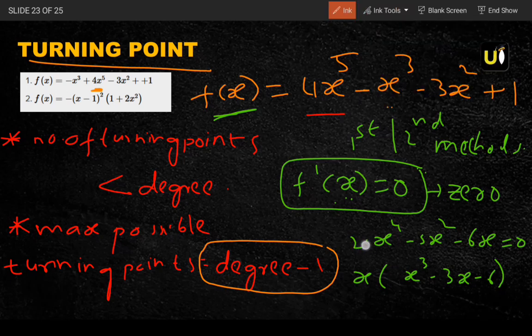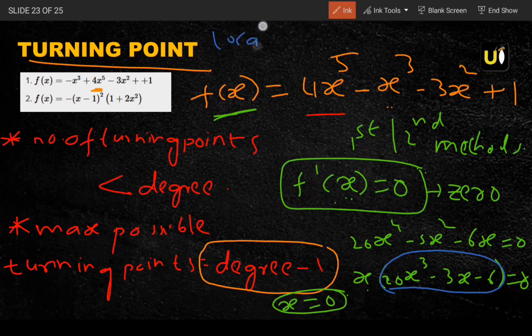To determine whether the given point is local maxima or minima, we have 2 conditions. First, f dash of x must be 0, and if f double dash of x is greater than 0, then that point is local minima.